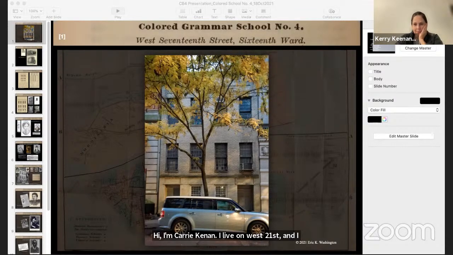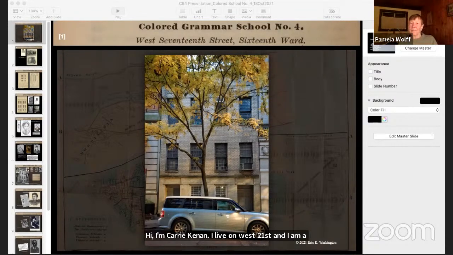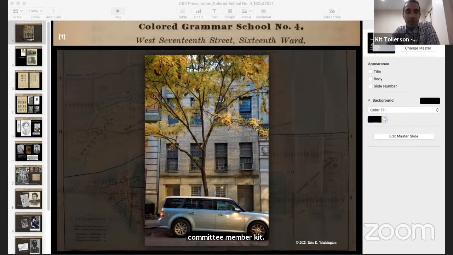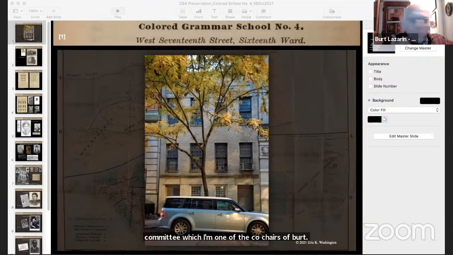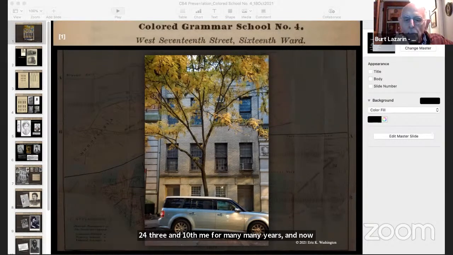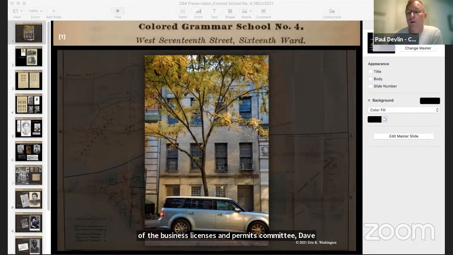Kit. Evening, everybody. Kit Tallerson. I'm on 22nd near 9th Avenue, and I'm also on the ACES committee, which I'm one of the co-chairs of. Bert. I am Bert Lazarin, 24th Street and 10th Avenue for many, many years. In addition to the Chelsea Land Use Committee, I'm co-chair of the Business License and Permits Committee. Dave. I'm Dave Holoka.